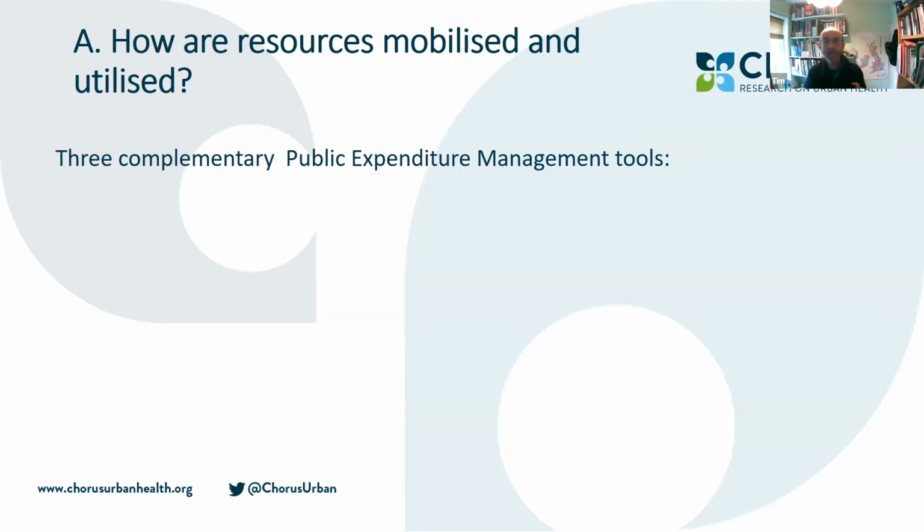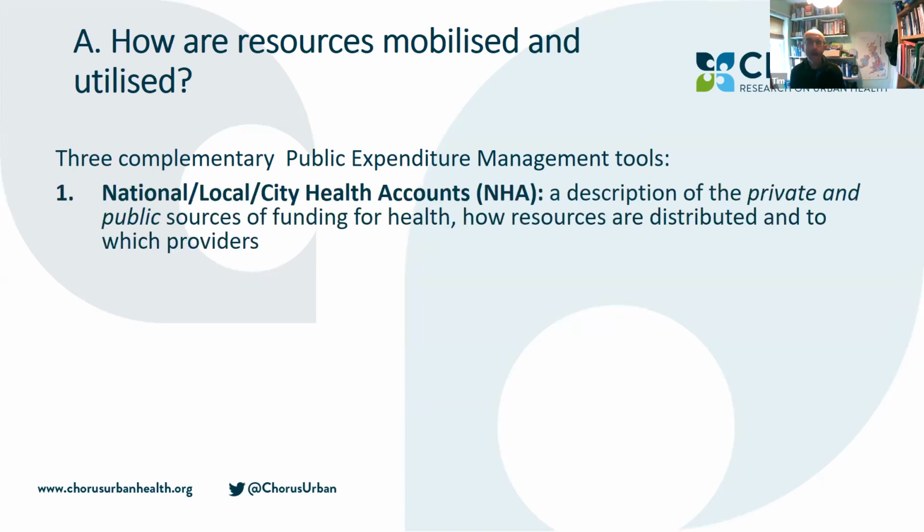The first one is a set of tools typically known as national health accounts, although the same tools can quite easily be used to develop local health accounts or even city health accounts, and perhaps relevant for what we're doing in Chorus.